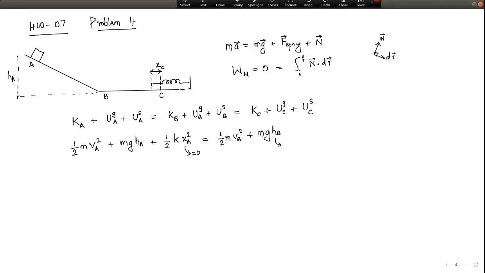That depends on the choice of our origin, and it's a convenient choice in this problem to choose it to be 0 at the horizontal, plus half k xb square, where xb is the compression in the spring when the mass is at point B. Again, that will be equal to 0.